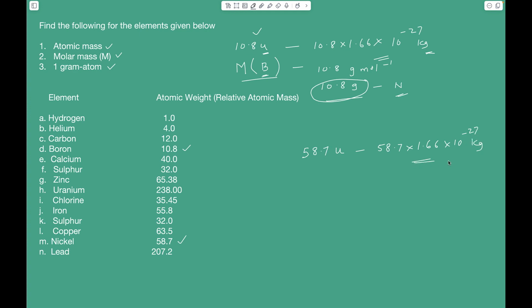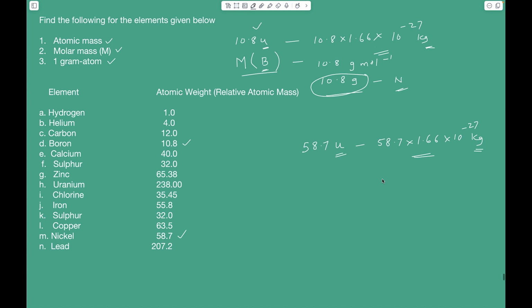So this is the atomic mass of nickel, or the mass of a single nickel atom in kilograms. And this is the same in unified atomic mass units.